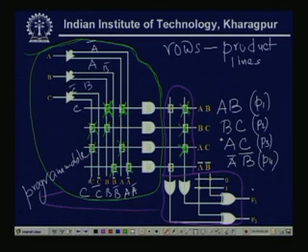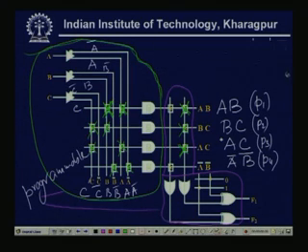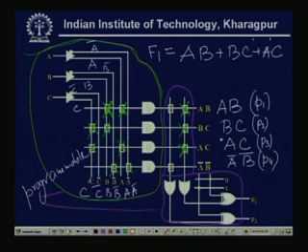So, my F1 is AB plus BC plus AC. Here, for F1 I am considering the output of the first OR gate.